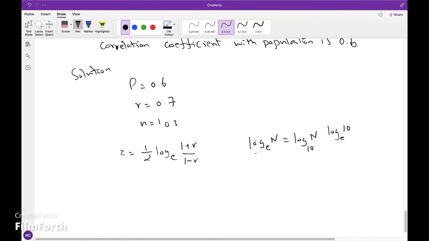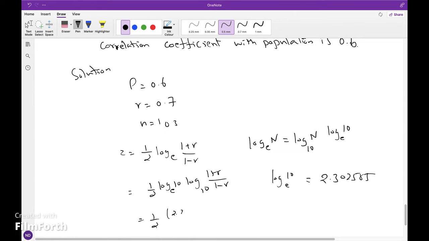We can write this as 1/2 into log base e 10 into log base 10 of (1 plus r)/(1 minus r). So log base e 10 is 2.302585.